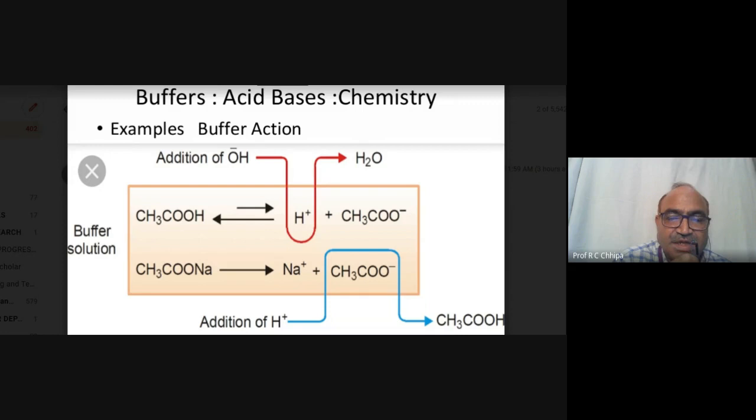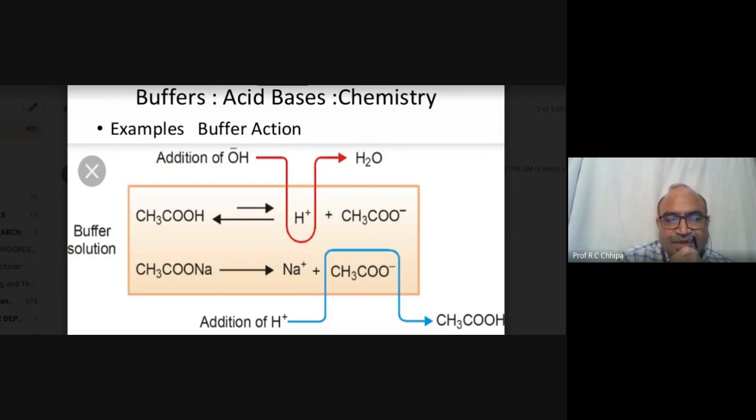If we add a strong acid, for example hydrochloric acid or sulfuric acid, hydrogen cations are produced by the strong acid.